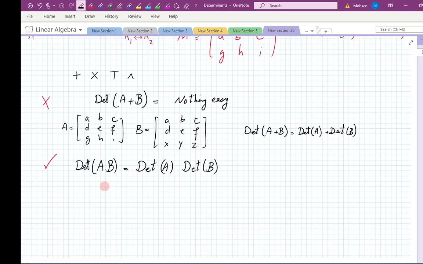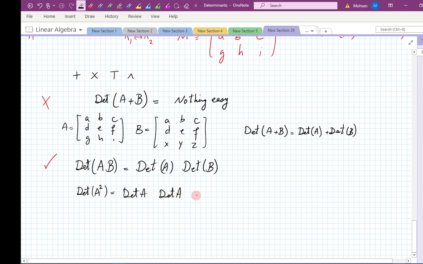Well, out of this you can extract all sorts of stuff. For example, determinant of A squared is going to be determinant of A times another determinant of A, which is going to be determinant of A squared. By the same reasoning, determinant of A to any positive power is going to be determinant of A to that power. It even works for negative powers.